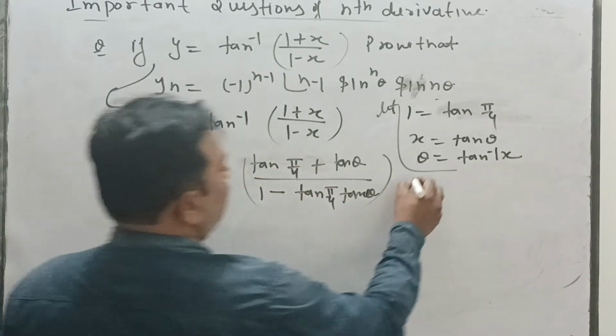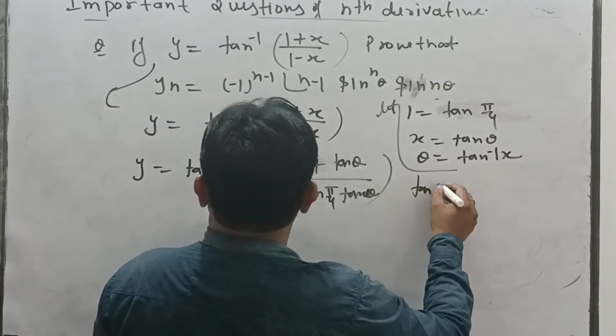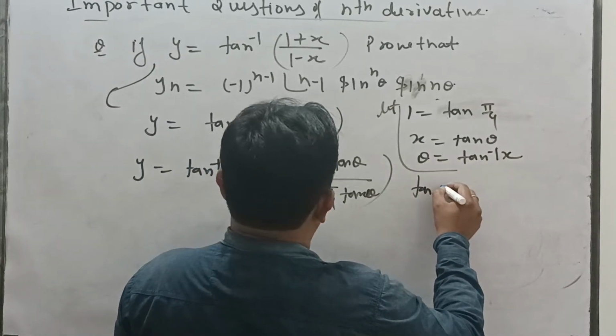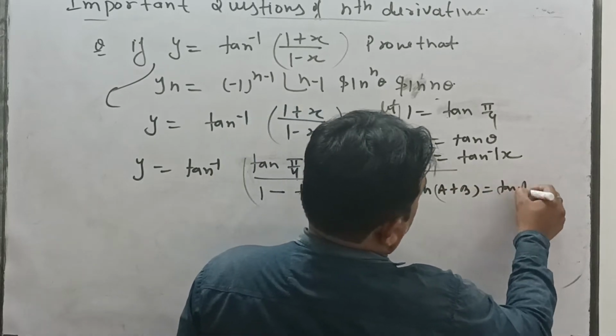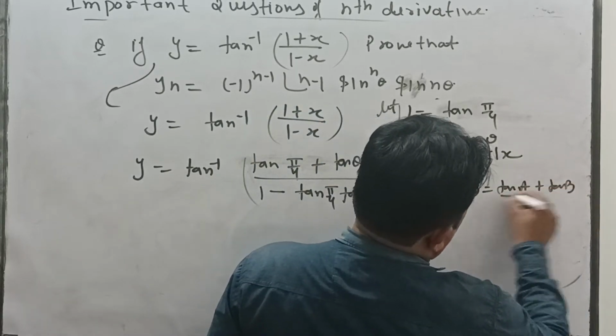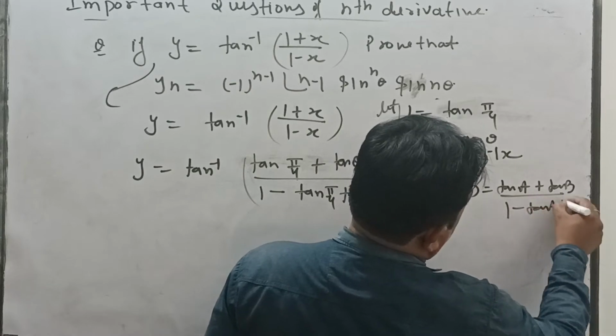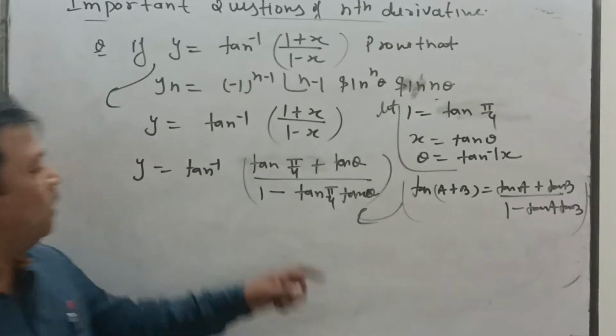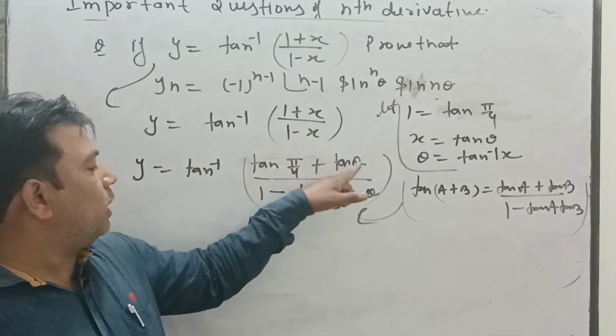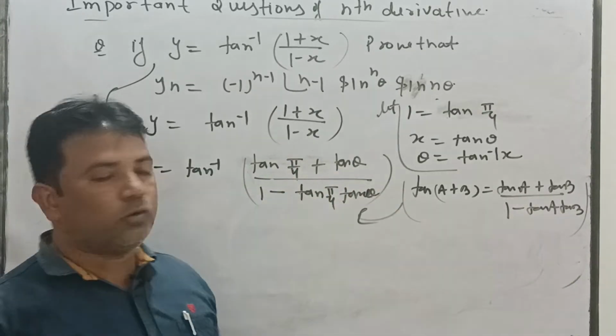We know the formula tan(a plus b) equals (tan a plus tan b) upon (1 minus tan a tan b). Here a is pi by 4 and b is theta.